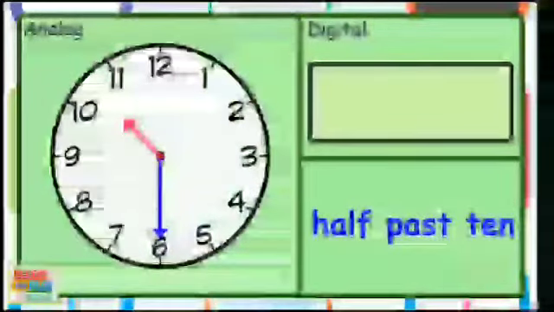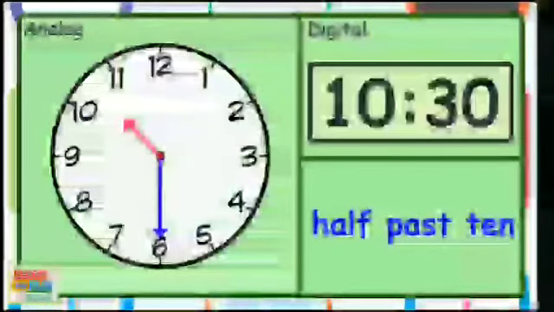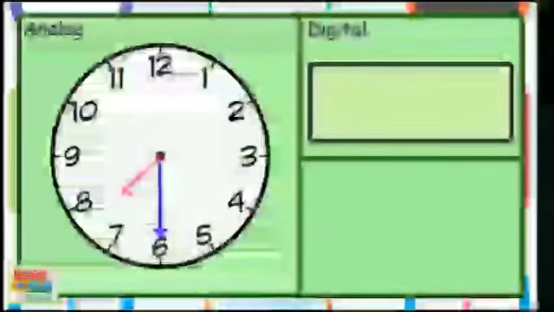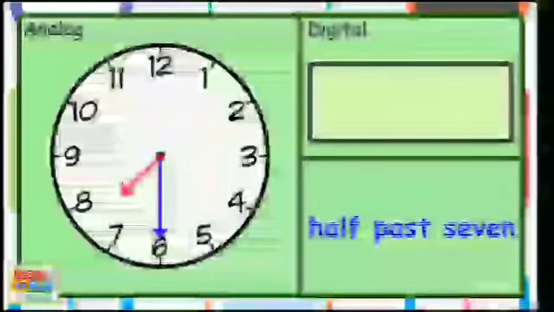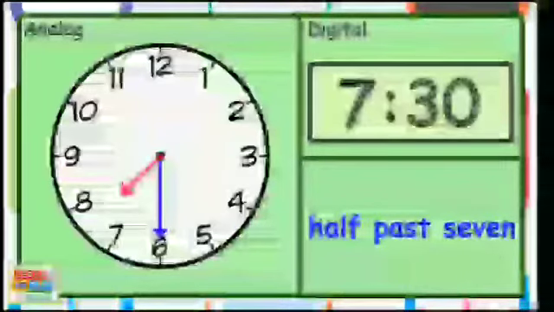Half past 10 or 10:30. Half past 7 or 7:30.